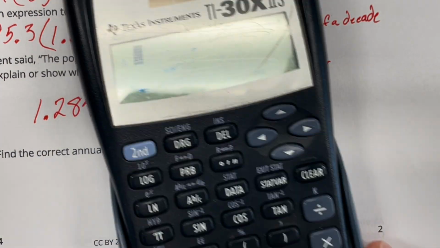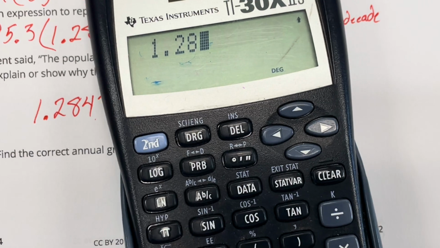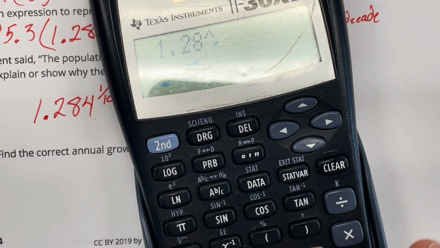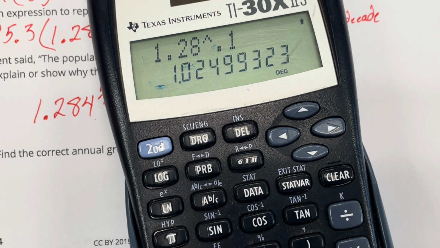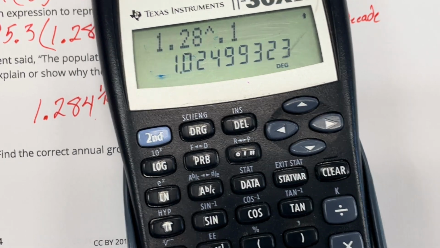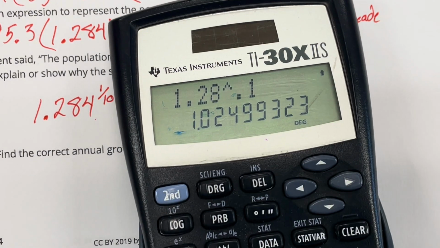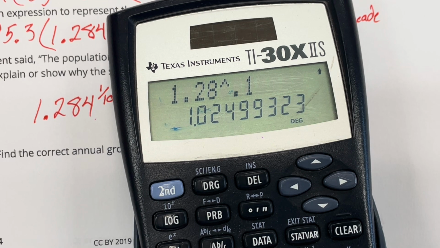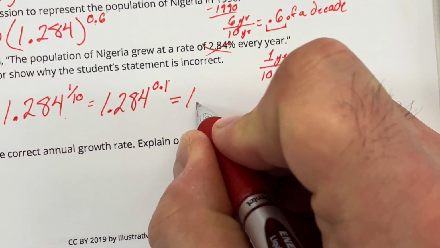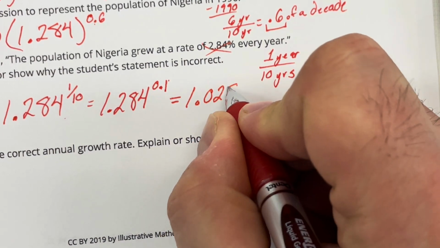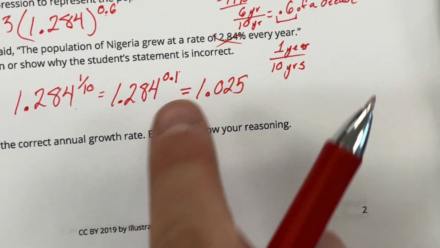Let's do that. So we've got 1.284 to the power of 0.1, and we get 1.025.